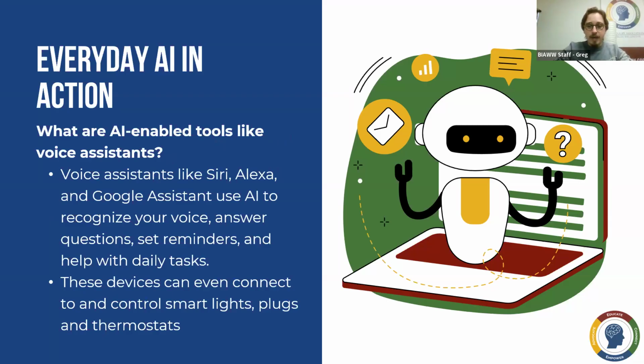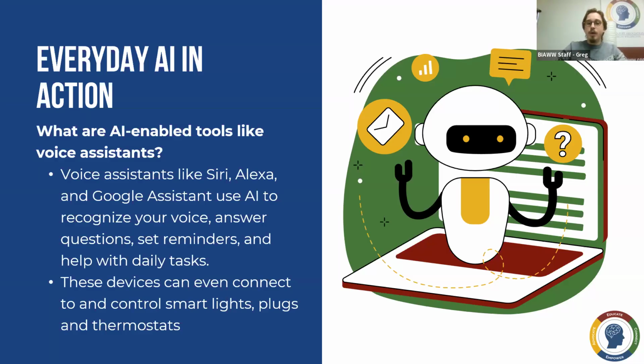Now, the reason I bring AI up is because AI and voice assistants are very, very strongly linked. And so you can't really talk about one without mentioning the other. So voice assistants rely on AI to work, and they are themselves a type of artificial intelligence. So when I talk about voice assistants, I'm talking about things like Siri, Alexa, or Google Assistant, which is Hey Google. And sorry if I've activated any of your devices in the background.